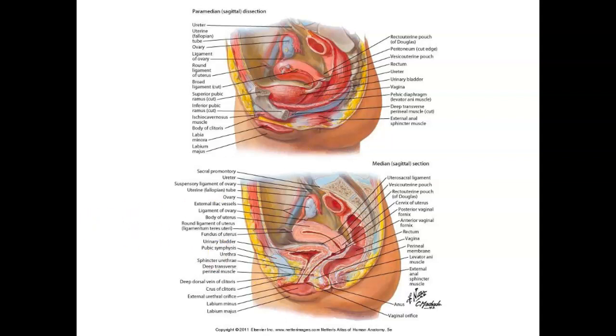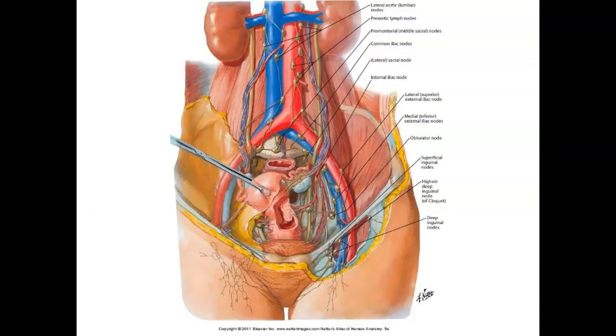And then let's finish here by talking about a little bit of the lymphatic drainage from these areas. Very similar to the male, you're going to have superficial inguinal nodes, which are right on the inside of the inguinal canal here. They're draining the superficial genital region here and here.